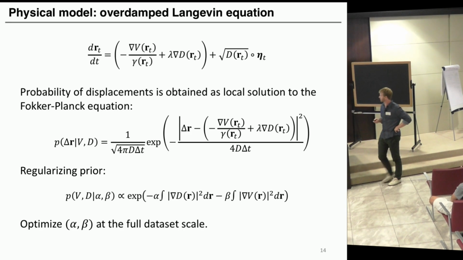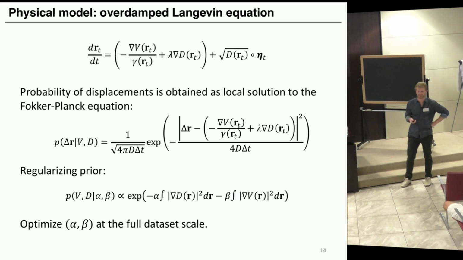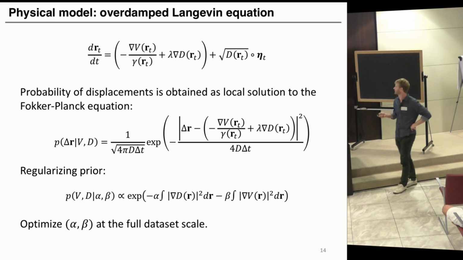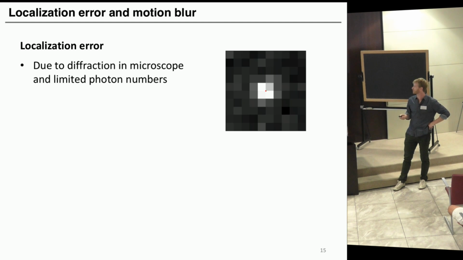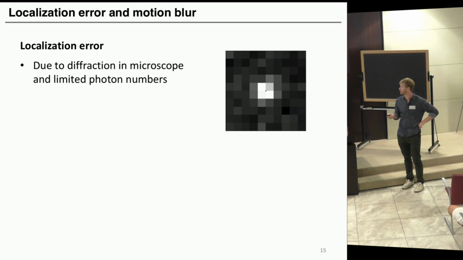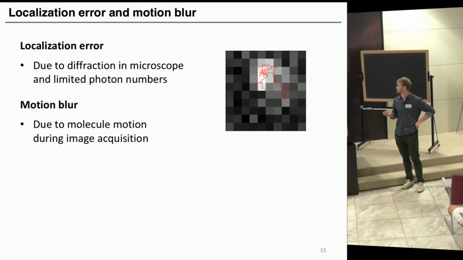So that's the physical model, and this is already not clear, right? What to put into this. And a second thing that comes in: these are now the extrinsic noise sources. We have localization error, as pointed out by Pierre, and also motion blur.